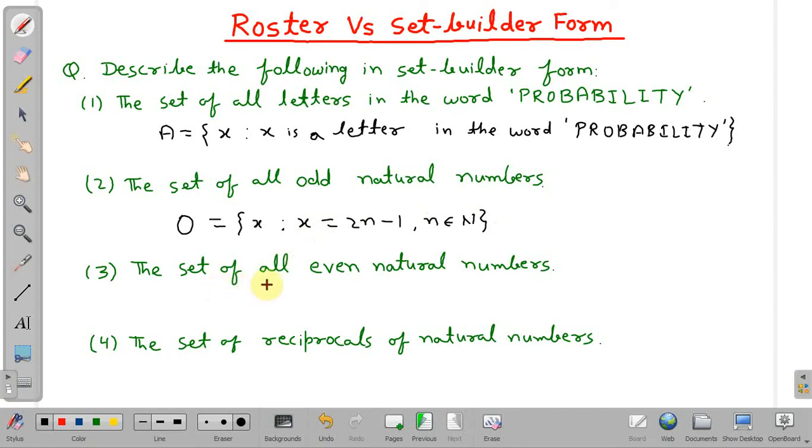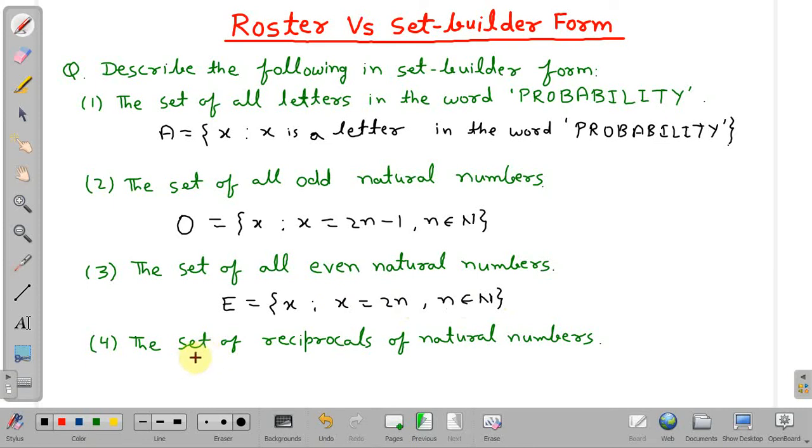Next one, set of all even natural numbers. We can write E equal to X such that X equal to 2N, as 2N will always be even, and N is an element of natural numbers.